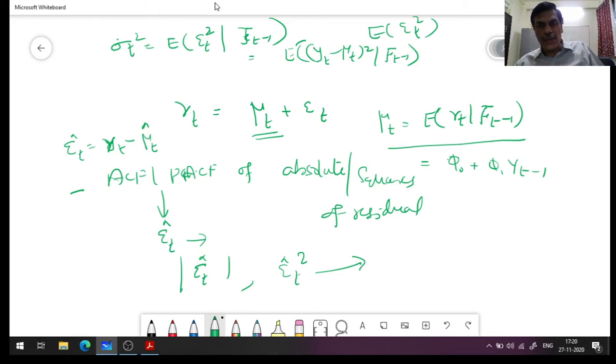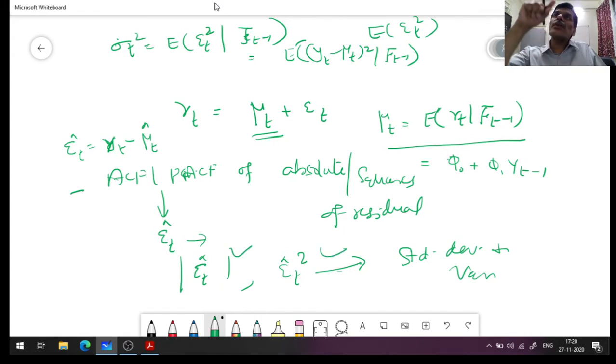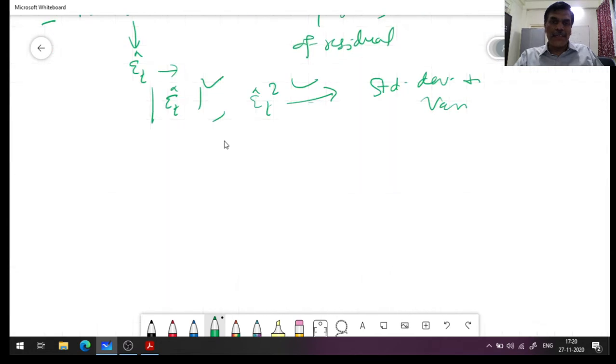Because the mean is 0, the absolute value represents the standard deviation and the square represents the variance. So we are trying to see whether there is a correlation effect across time, and that's what we are trying to see when I look at the ACF and PACF of these squares or absolute values.